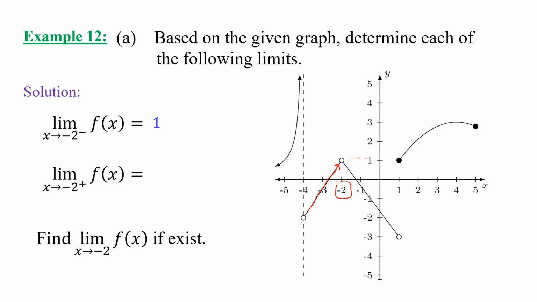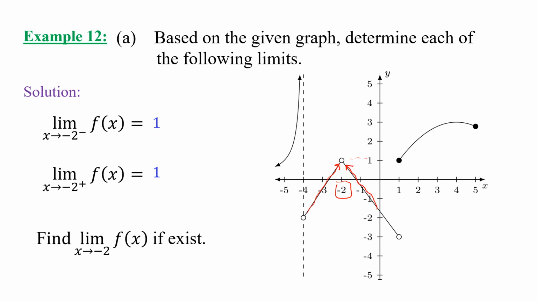Second, evaluate the limit as x approaches negative 2 from the right. Look at the graph that is greater than negative 2. And now you can see that when x approaches negative 2 from the right, then f(x), the graph, approaches 1.